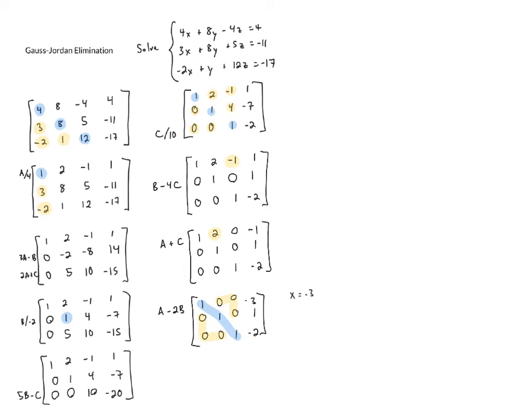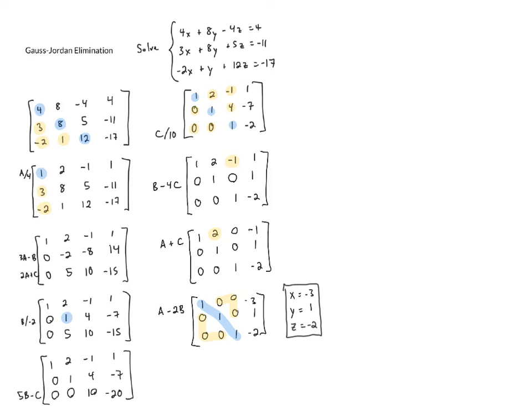The second equation, the only variable that has a coefficient other than 0 is y, and we know 1y is the same as y equals 1, and then the third equation gives us z equals negative 2, and we don't need to do any back substitution at all at this point. We have got our values of x, y, and z all on their own, and that is our solution.